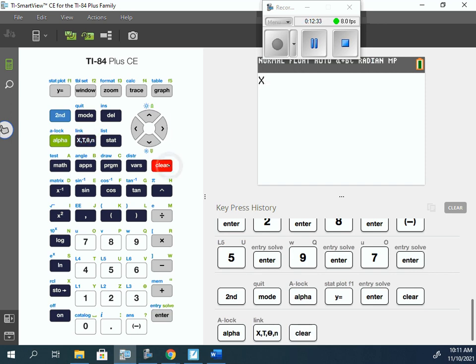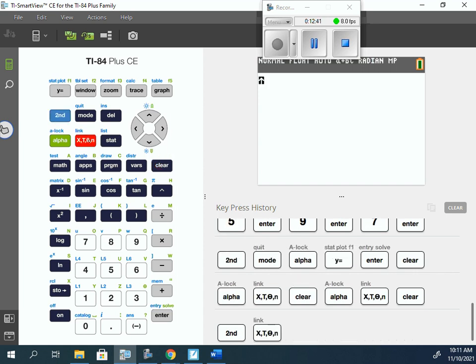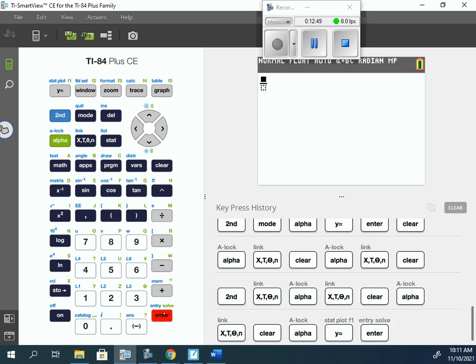Okay. Let's see here. Is it alpha? Yep. I think it gave some of us a... Okay. Because for some it'll give you a fraction. For us it's not. So we have to do alpha y equals enter.